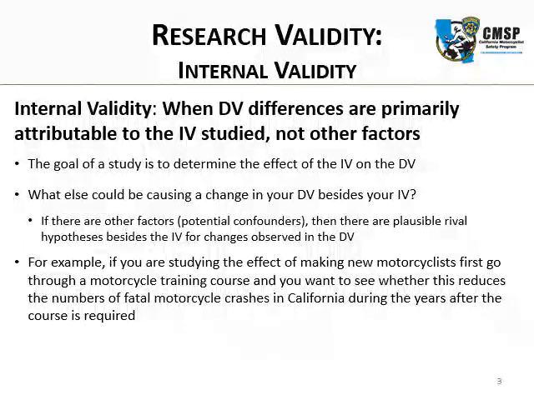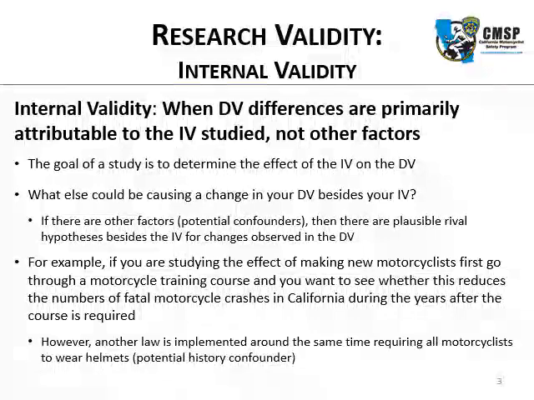So for example, and this is a study I did, let's say you're looking at the effect of making new motorcyclists first go through a motorcycle training course, and what you want to see is whether this reduces their numbers of fatal motorcycle crashes in California in the years after the course is required in our state.